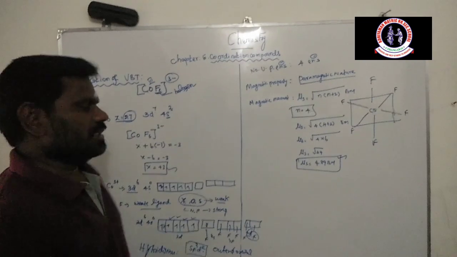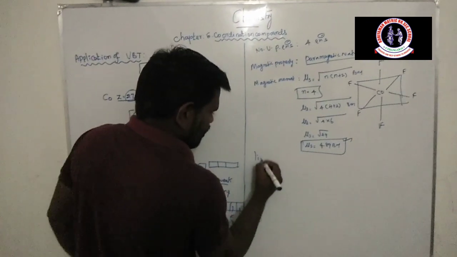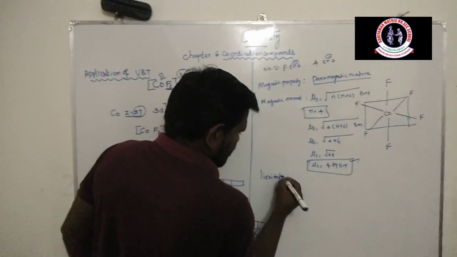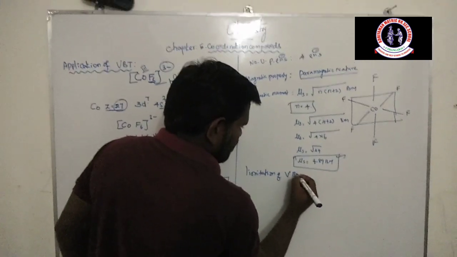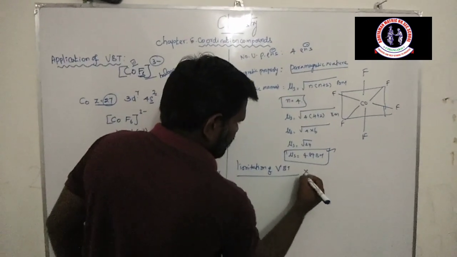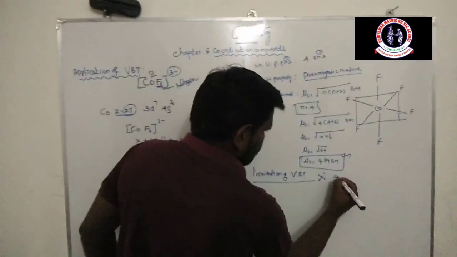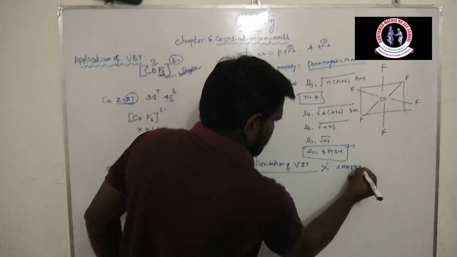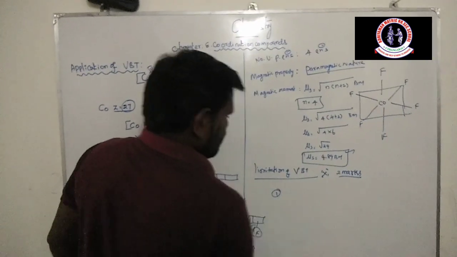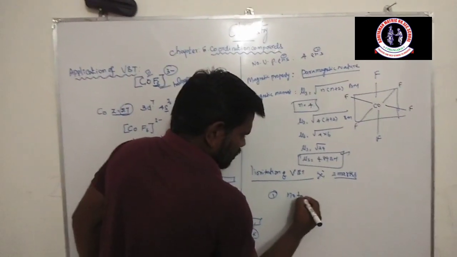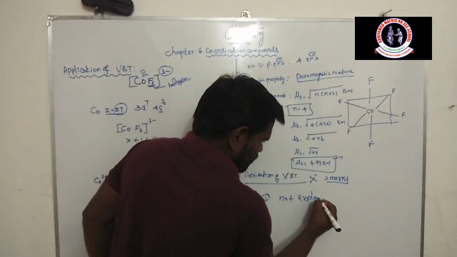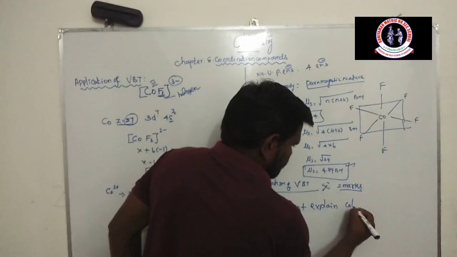Okay students, the next topic, limitations of valence bond theory, is very important. There are some more questions. First, it does not explain the color of the complex.